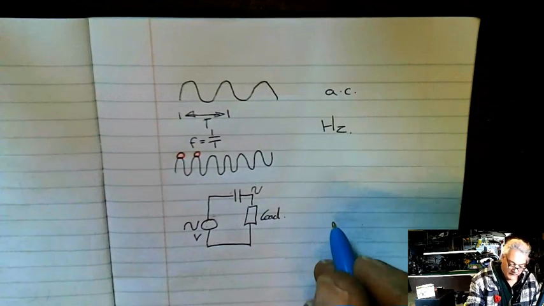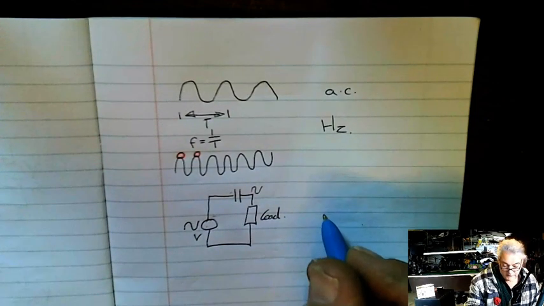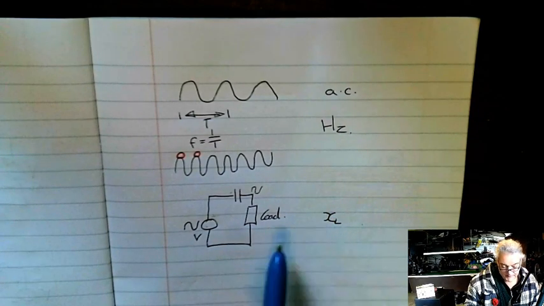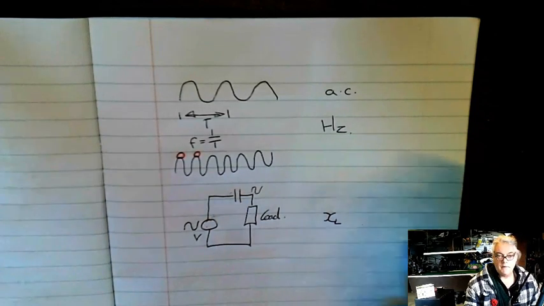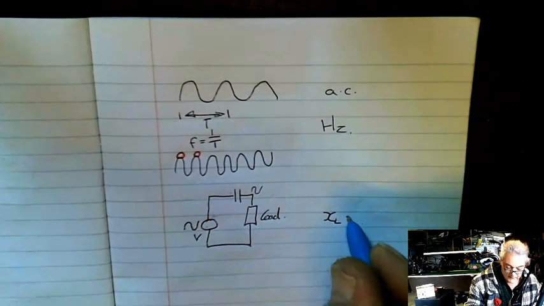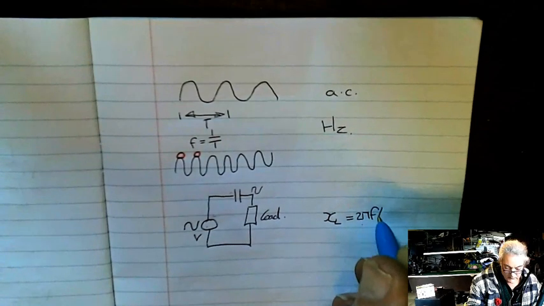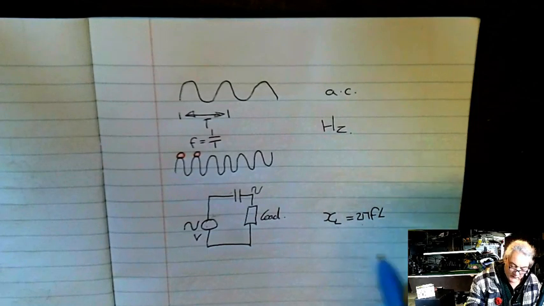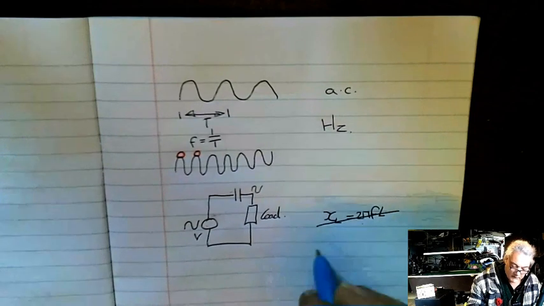Now, one of the equations which you may well have seen in high school is that XL, which is the inductive reactance, in other words the equivalent resistance it has, is equal to 2 pi FL. For the inductor, we're getting ahead of ourselves a bit here, I'm just going to put a cross through that for the moment.